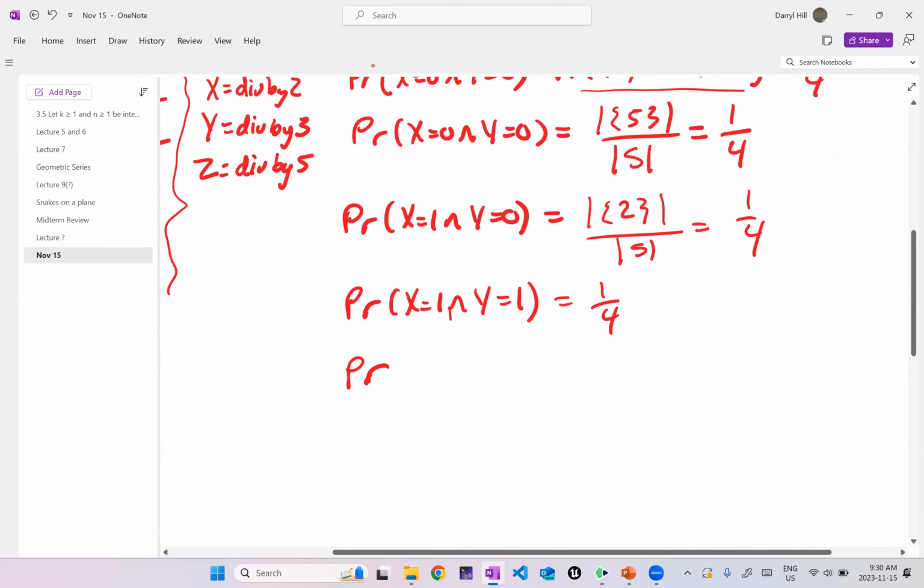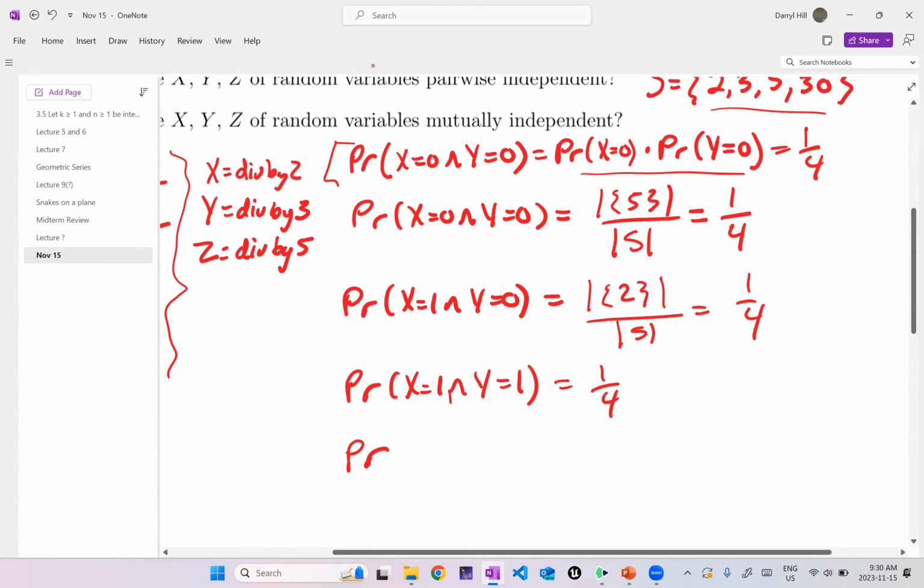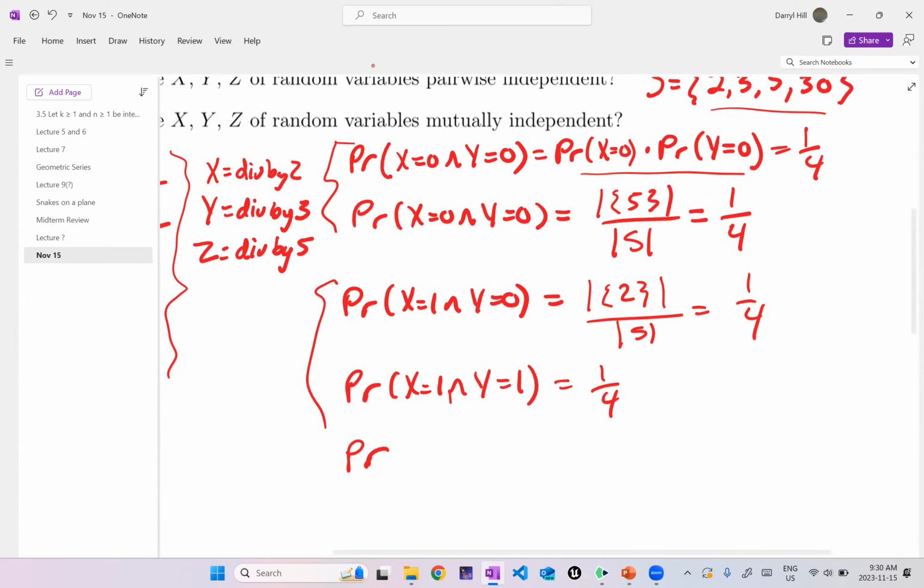So far, I've looked at 4 equations, x and y, all of their possible values. So x and y are independent, right? So now I just have to look at y and z and x and z. X equals 0 and z equals 0.